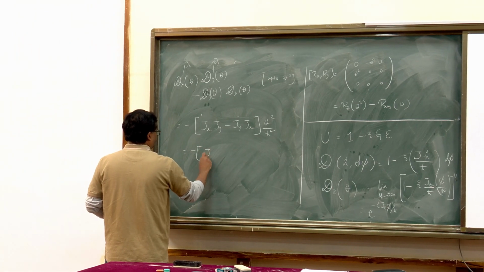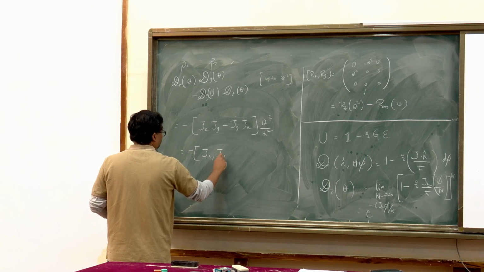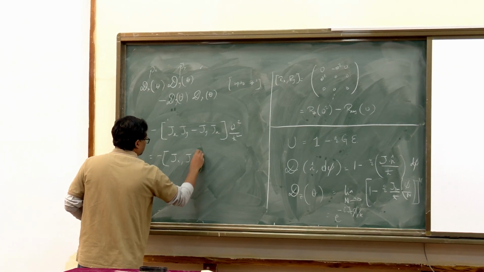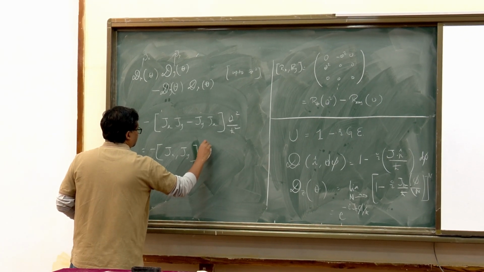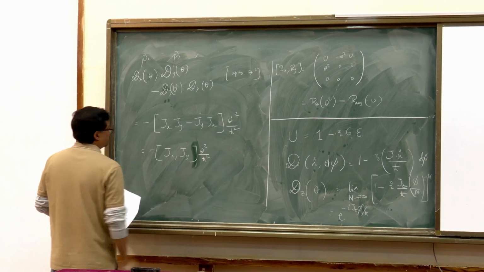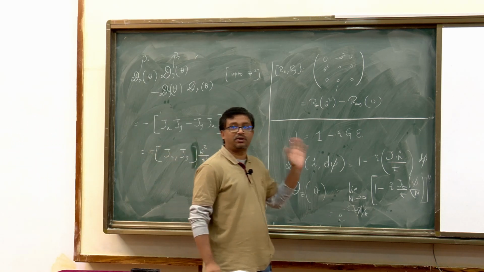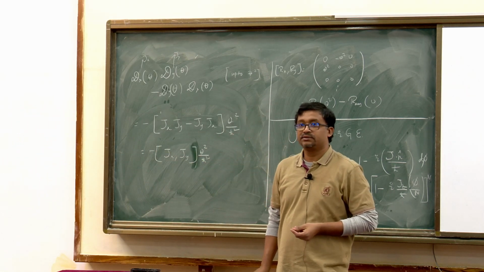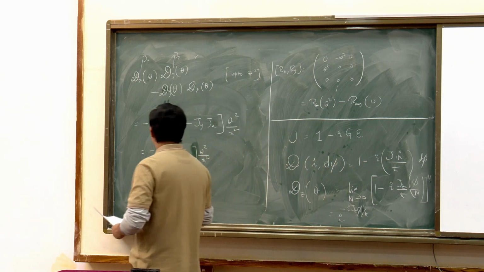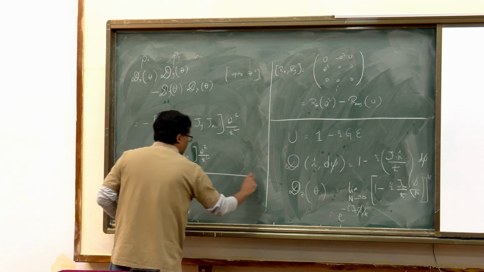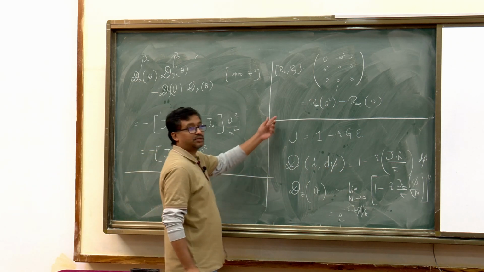Okay, so let me write it in slightly different form. So this Jx Jy minus Jy Jx is the commutator of Jx and Jy. And what was our result from the finite rotations?